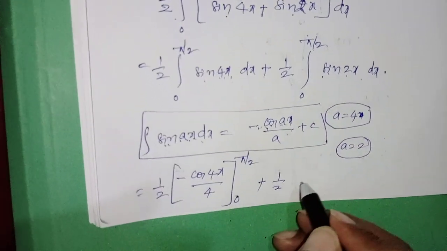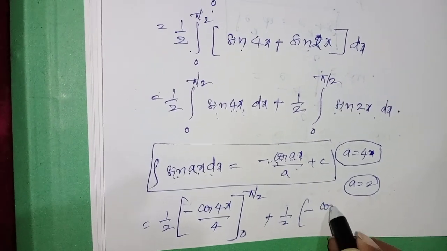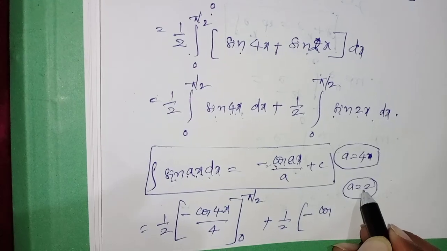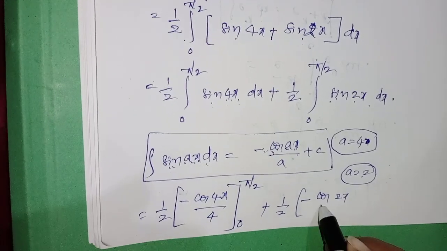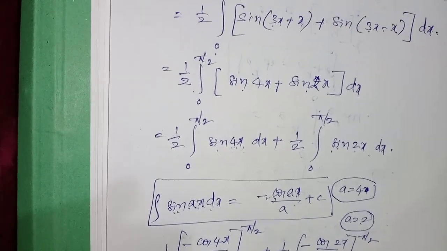1 by 2 into minus cos 2x by 2, the limits are 0 to pi by 2.